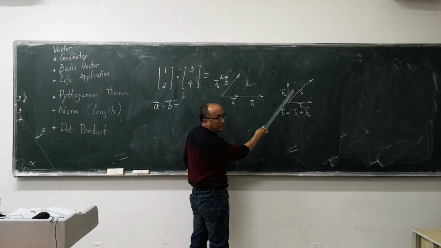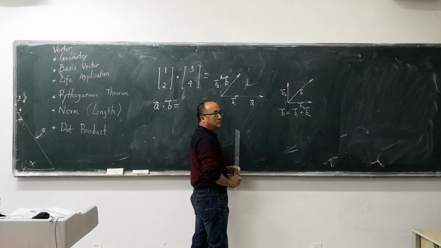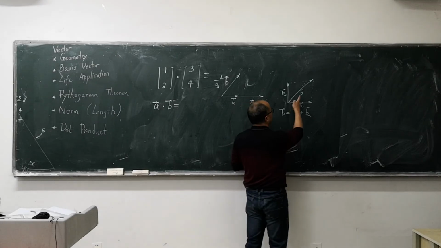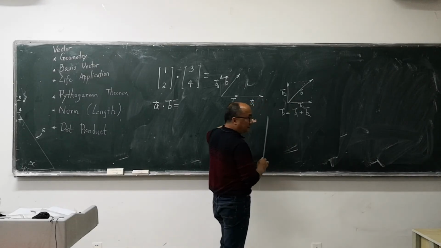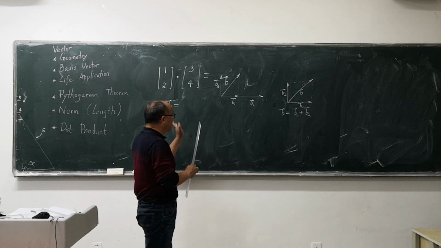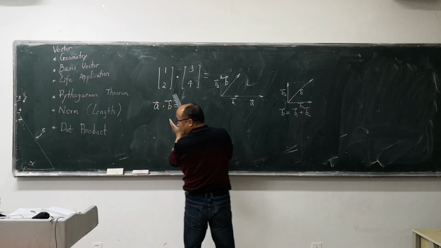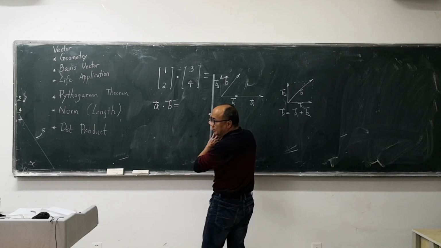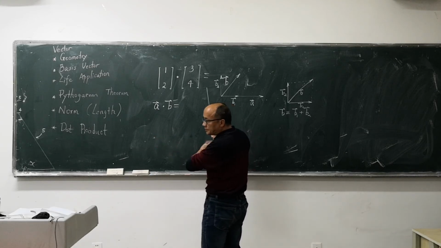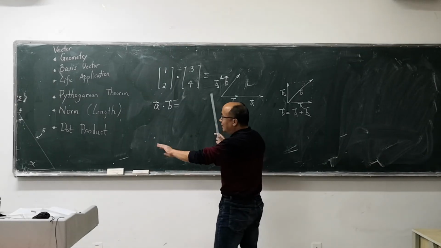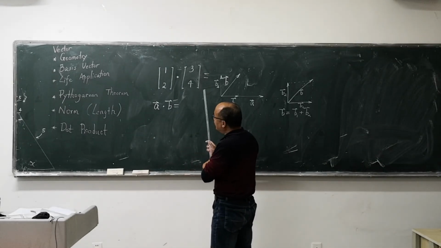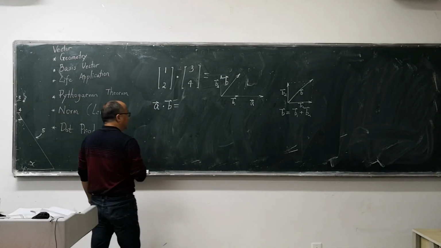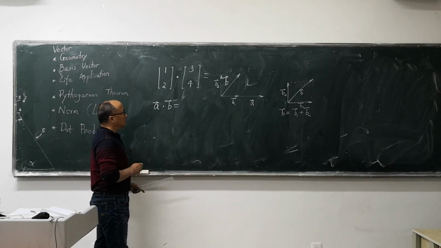B1 plus B2 is B. Do you see it? The river crossing: did I say that the boat you can look at as two components? One component exactly cancels out the water flow, and the other component goes straight across the river, right?